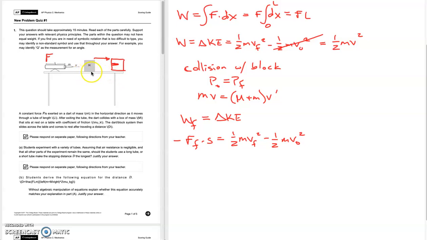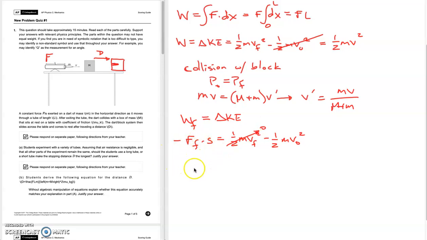And let's see here, do they give us in this part? Oh yes, they actually do give us the distance D. So what this means is down here I can use distance D when we get there. And they will come to rest, so that's 0. And this v here is this v prime up here. So v prime is equal to mv over m plus M.